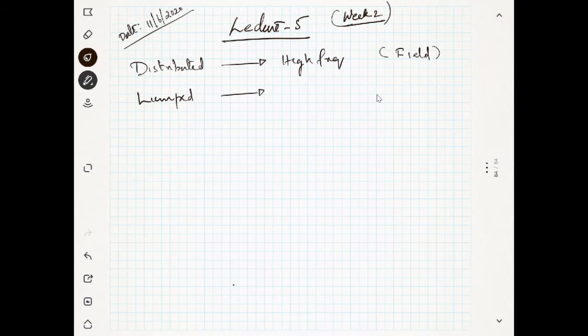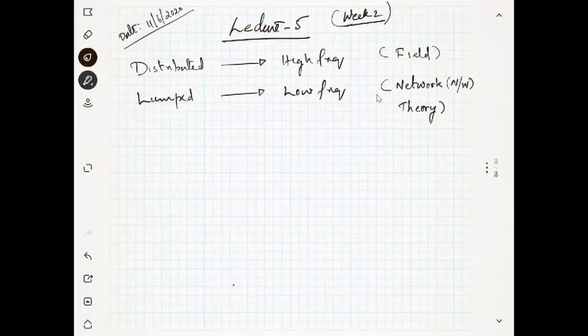If we make the lumped assumption, usually at low frequency, we will use network theory. This course is about electric circuit theory, or we can say network theory. That is our course, right? So we will talk about the lumped elements.